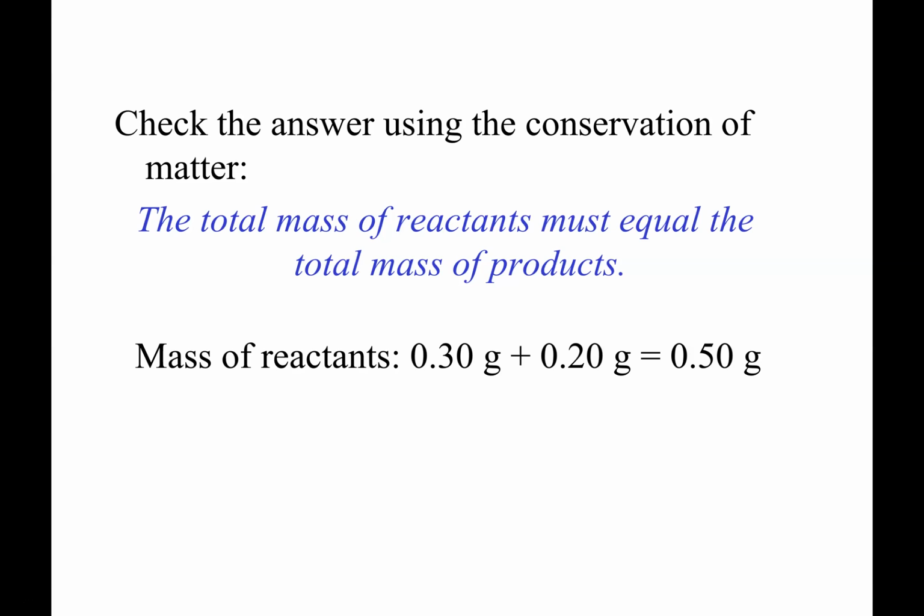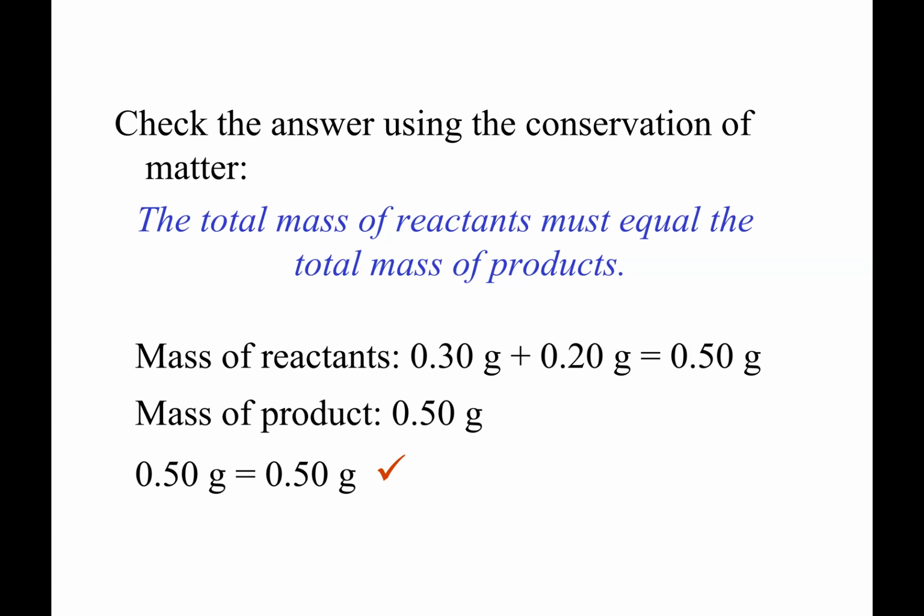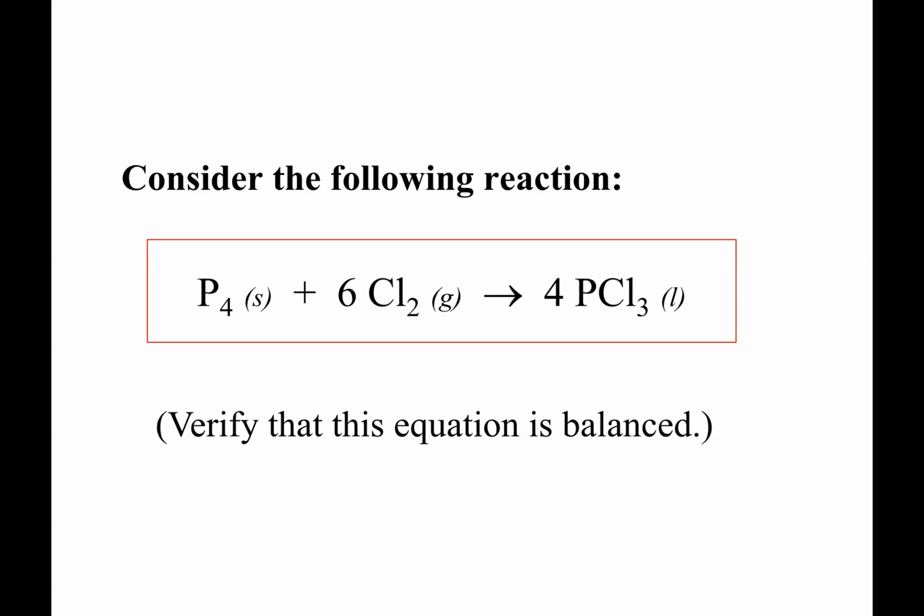We had 2 reactants. We said when you have 0.3 grams of magnesium, it's going to consume 0.20 grams of oxygen, and it's all going to form 0.50 grams of magnesium oxide. So it all works. So life is balanced.